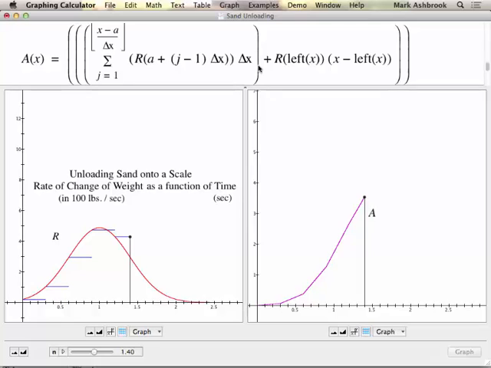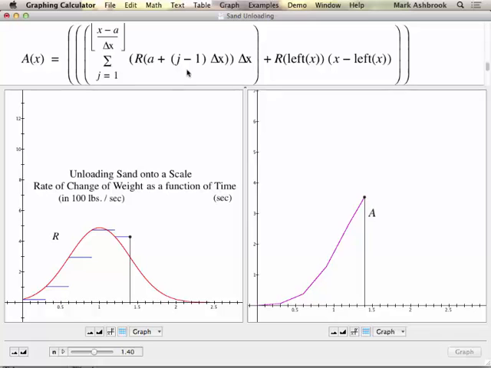I showed you on the earlier screen that there is some curved accumulation function. That's the real one for the real rate function. How are we going to get to that? Or maybe a better question is, how can we get closer to that? Lots of people already know. Make delta x smaller, right?